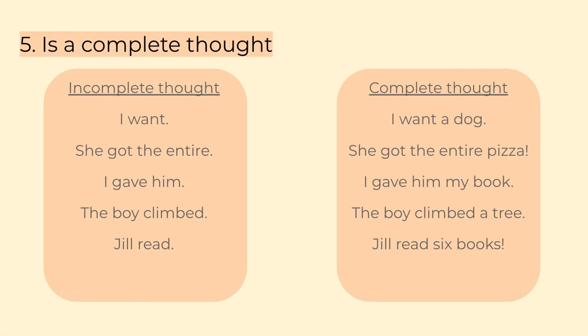This one's tricky because we know who did it and what they did, but we don't know enough about what Jill read. So we could say Jill read 6 books. So making something a complete thought means that you can look at the sentence by itself and understand what's going on. It makes sense by itself.